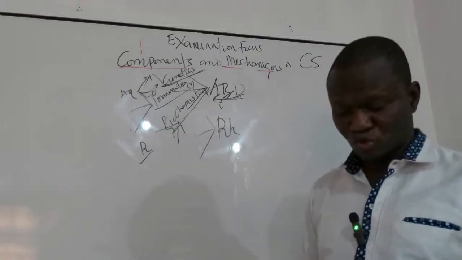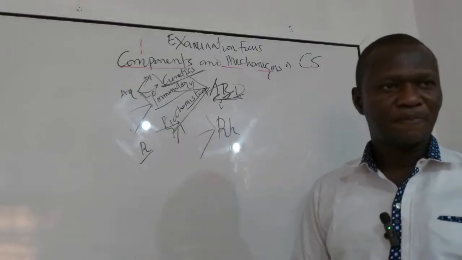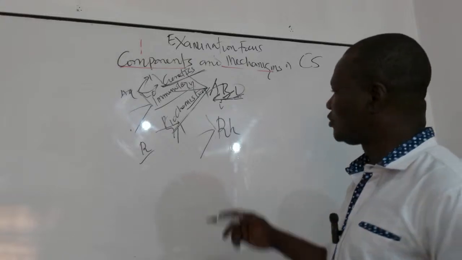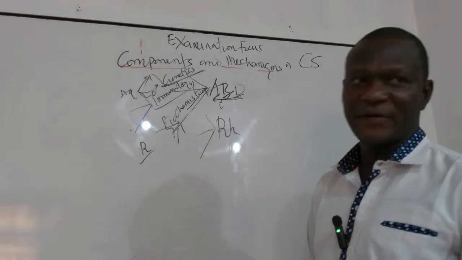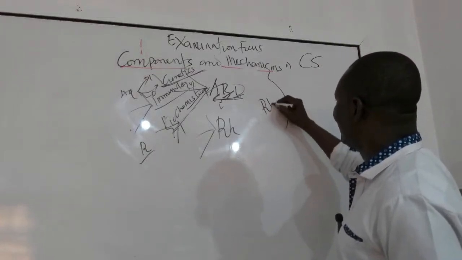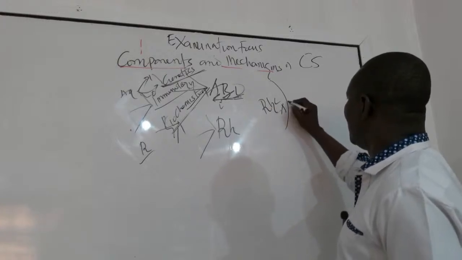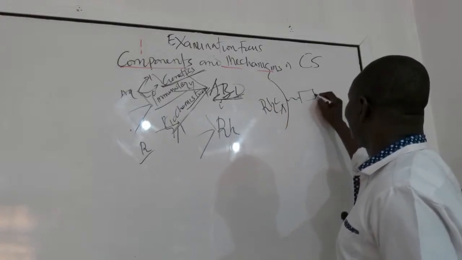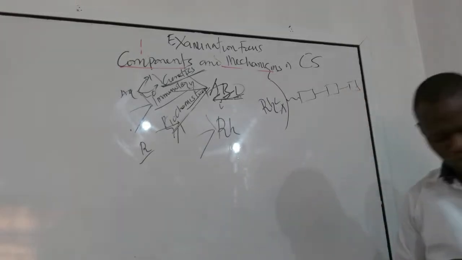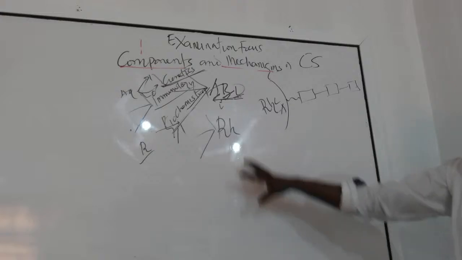That means you need to make some sketches, very, very important sketches. By now, you should know that when you have an RBC and somebody is A, it's going to have different types of sugar in different arrangements. So you should be able to show that.